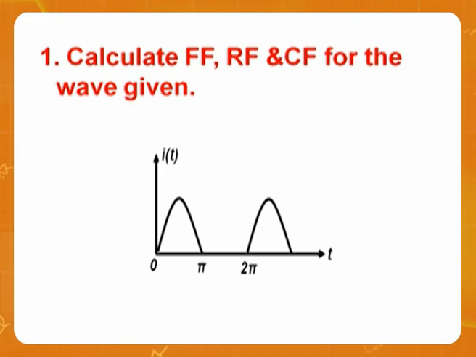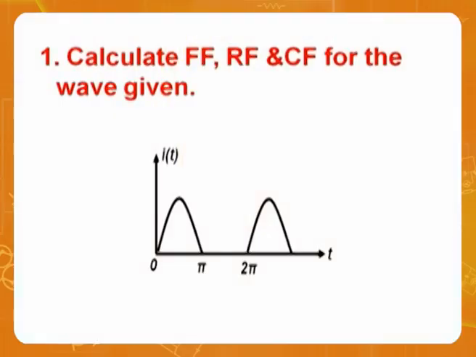Problem number 1: calculate the form factor, ripple factor and crest factor for the given waveform. Please understand, for the first waveform I am calculating in detail. For the other waveforms I have given answers, so see the procedure here, develop it yourself and cross-check with the answers I have given.